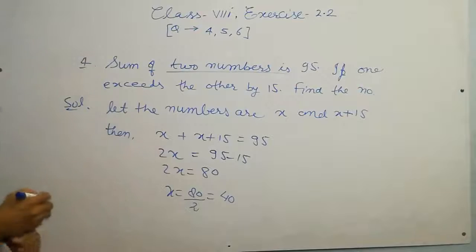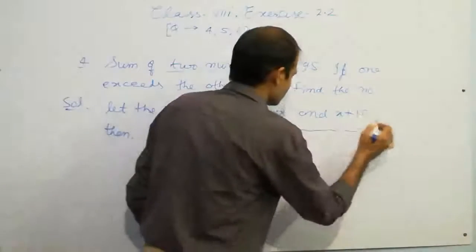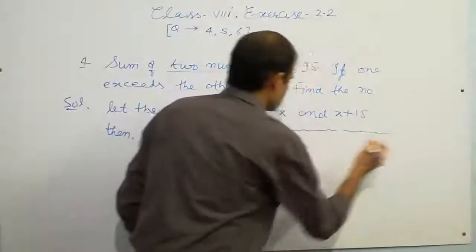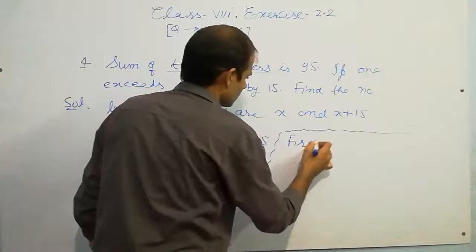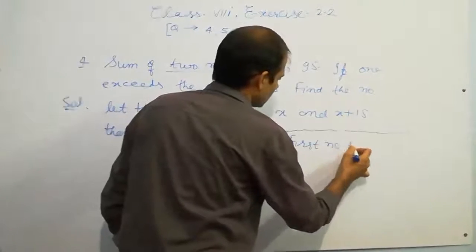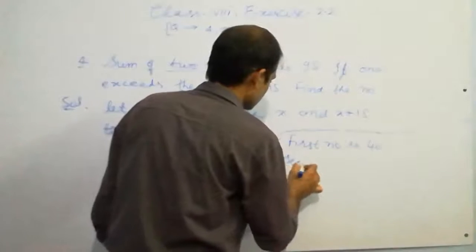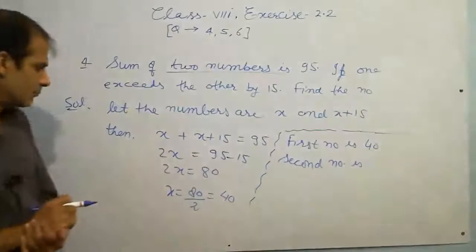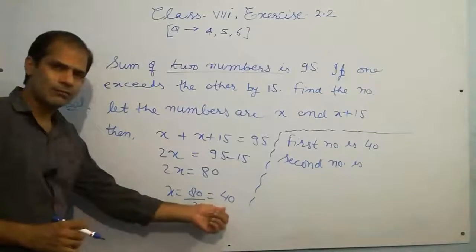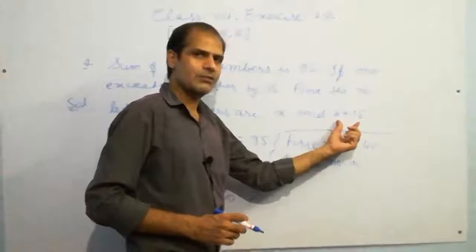So we have found the value of x and you can write the answer. First number is 40. Second number is, because x is 40, so first number is 40 and second number is x plus 15.